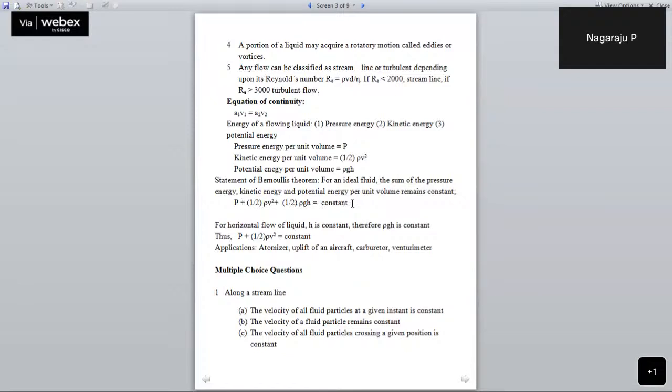That means for horizontal flow of liquid, the liquid may be flowing at a certain height. As long as the height is the same with respect to the ground or the level of measurement, h is constant. In such a case, the density of the liquid is constant, and g, the acceleration due to gravity, is constant.